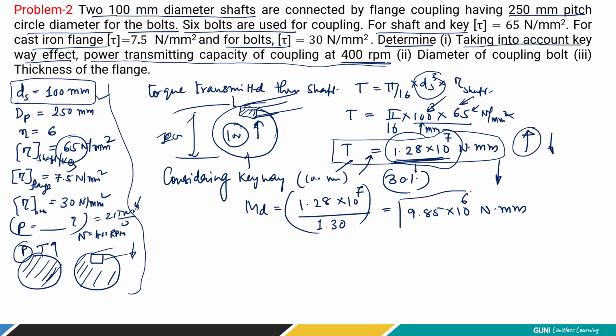This is the lower value of torque which you can transmit through the given flange coupling because of the presence of the keyway, right? So by using this we have to design the dimensions.